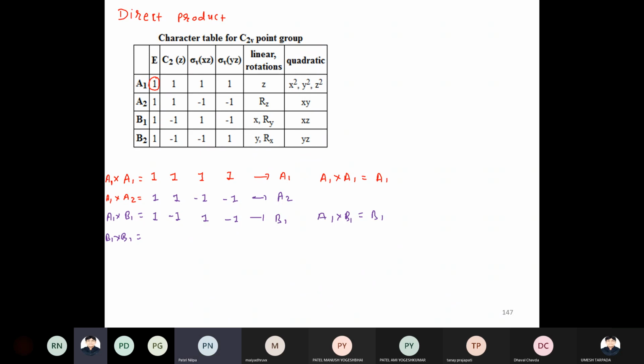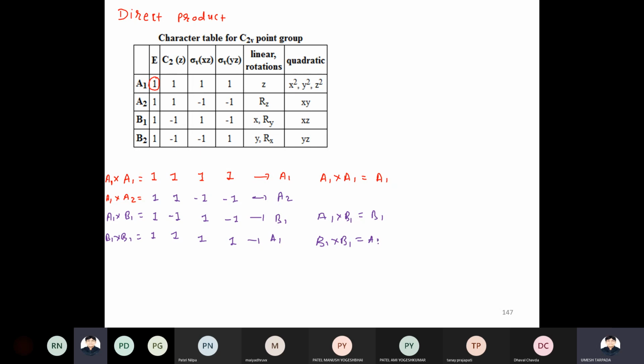Answer is A1. Good. Because B1 has to be taken two times. So minus 1 into minus 1 is again 1, and 1, 1. Answer is again A1. Good. So B1 cross B1 is equal to A1.